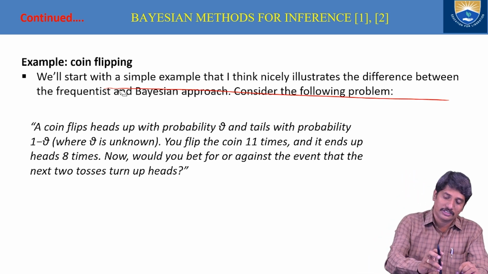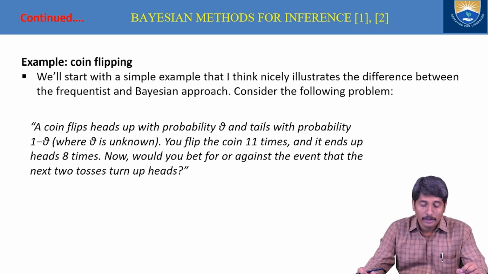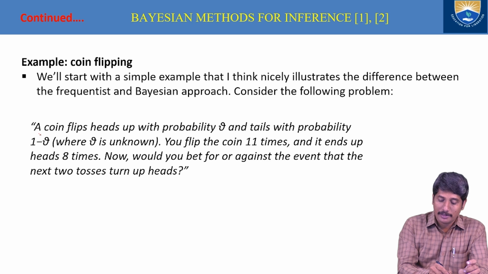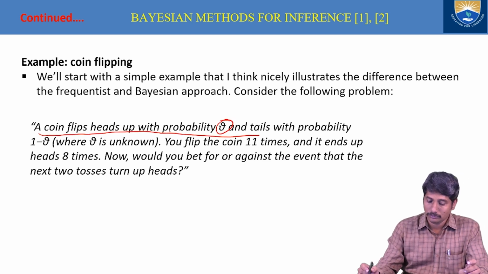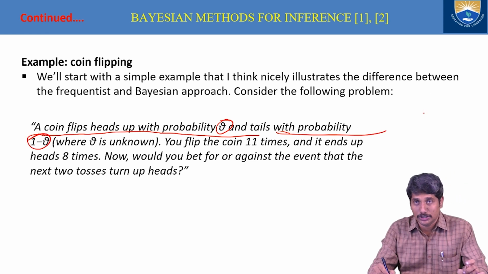Now, after understanding Bayes law, let us try to understand in a practical problem how the frequentist and Bayesian approaches will work. Here I am taking an experiment. A coin flips head up with a probability mu and tails with a probability of 1 minus mu. Of course, they are mutually exclusive and exhaustive.